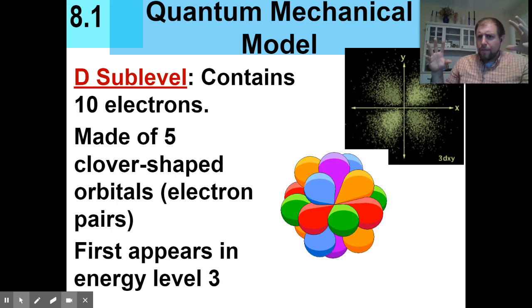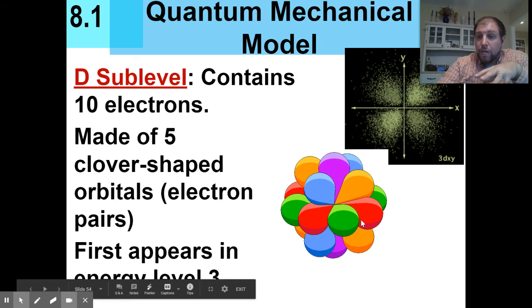And also, the clouds are going to start to get more wonky looking as electrons try and find little crevices to exist in around the nucleus where they can be close to the nucleus but spread out from each other. And you can see these 5 interlocking clover shapes, they are allowing a little space for each of the electrons to exist so that it's not crowded.